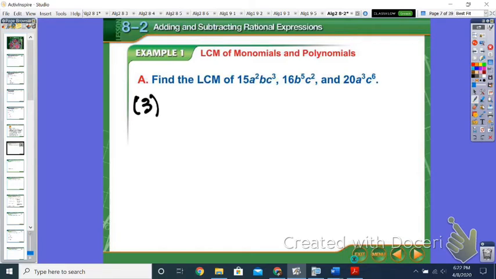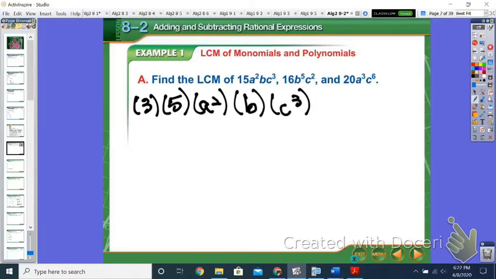So 15a squared b c cubed is going to become 3 times 5, because that's how I get 15. And then the rest of it's basically going to stay the same, but I'm going to split up the variables. So we get that. 16b to the 5th c squared is 2.